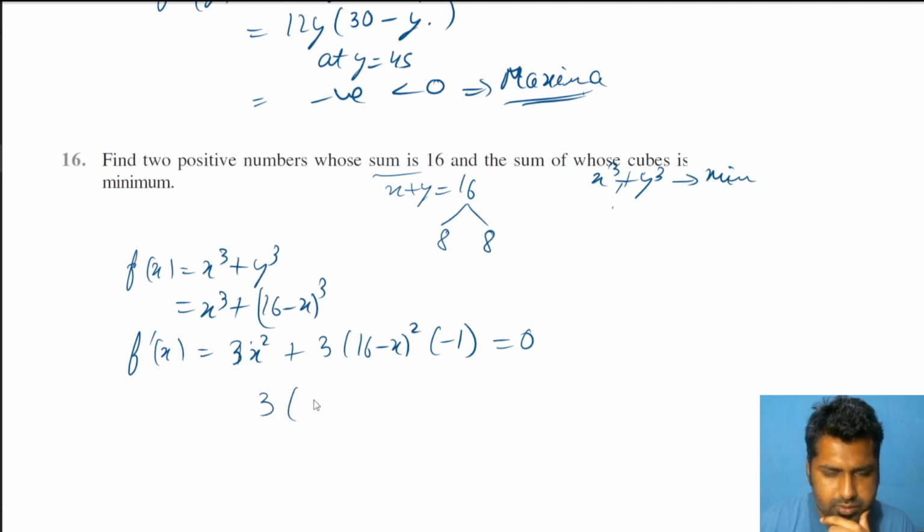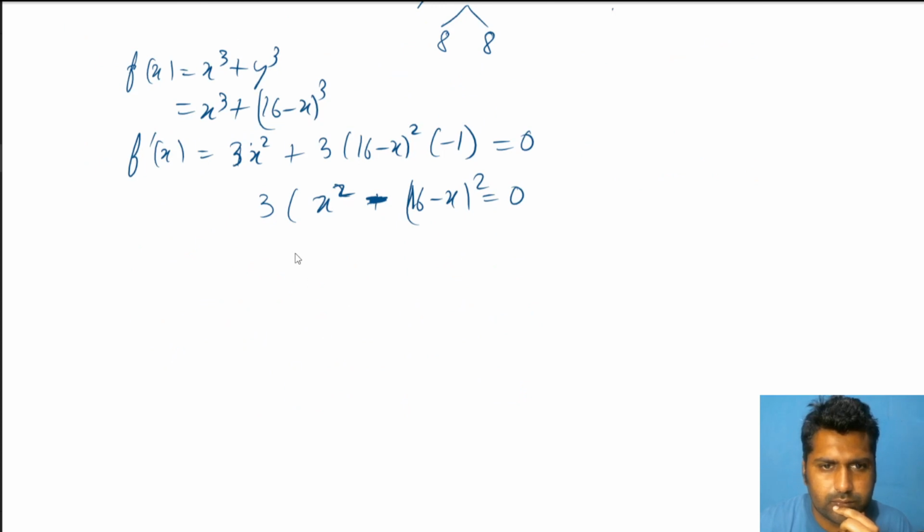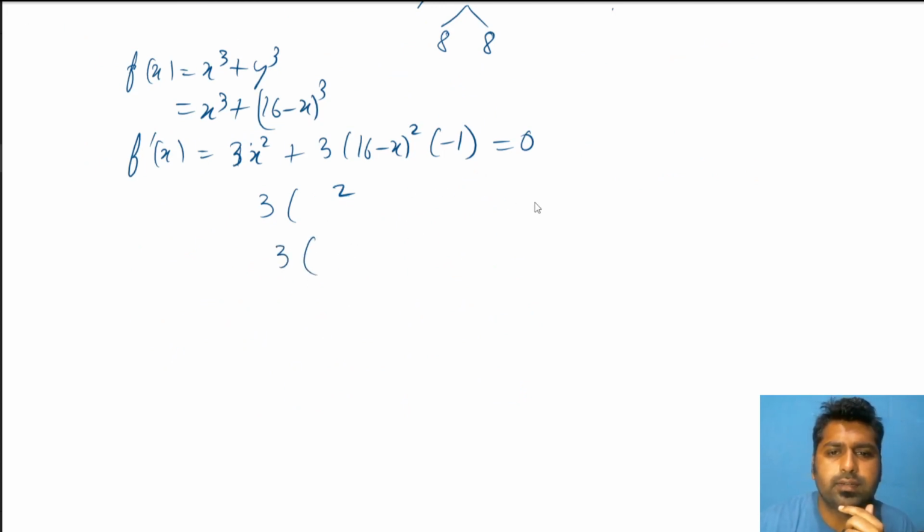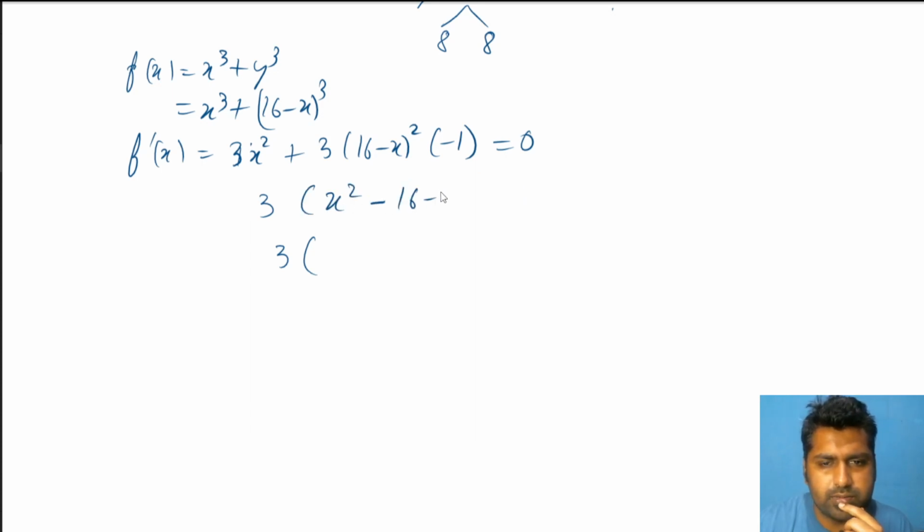Take 3 common, so you'll get x square minus 16 minus x whole square is equal to 0. Okay. One second, let me rewrite this. x square minus 16 minus x whole square equals 0.